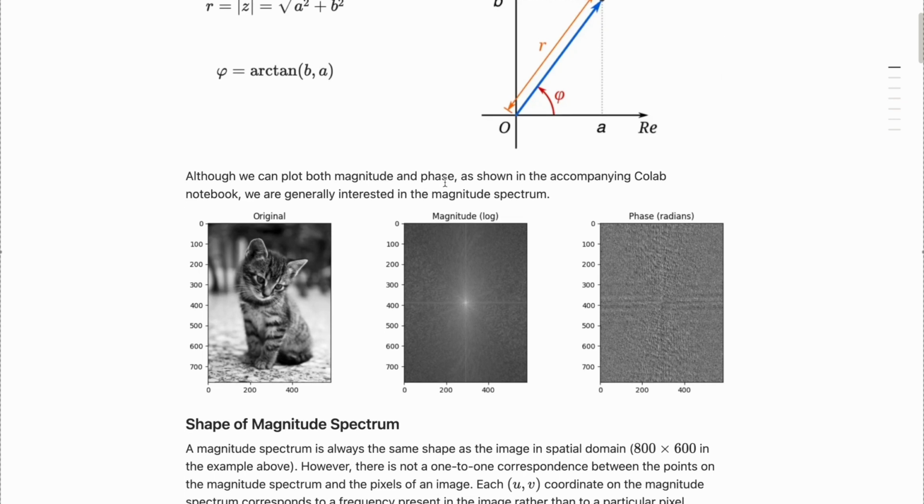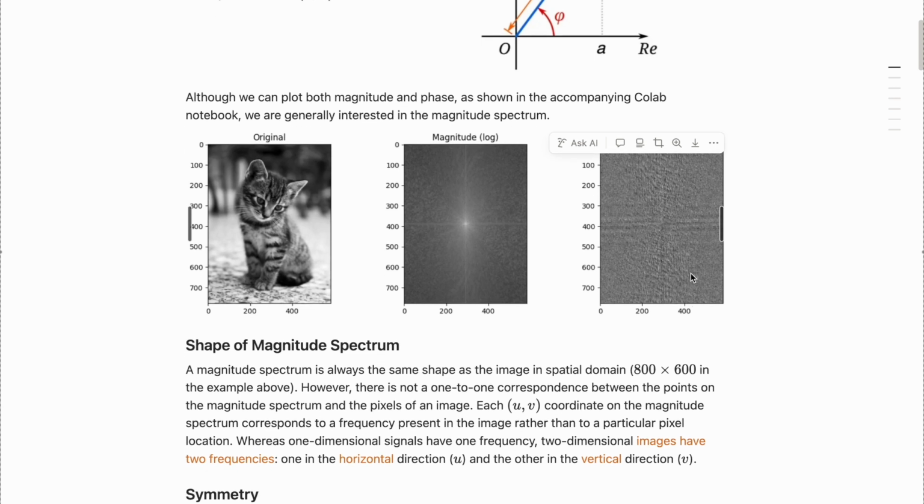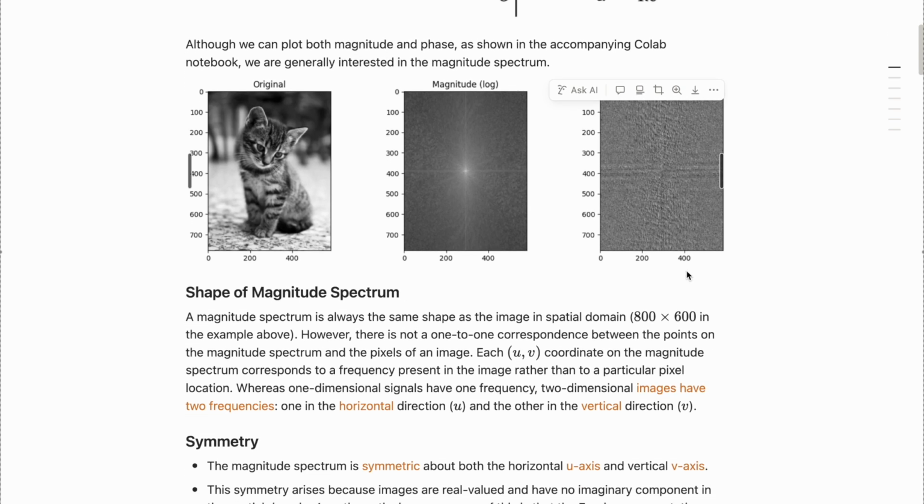In real life, we're really interested in plotting the magnitudes, which tell us how much of each horizontal and vertical image frequency is present in the image. We usually don't plot the phase, although I've shown you how you can do this in the Colab notebook that accompanies this.